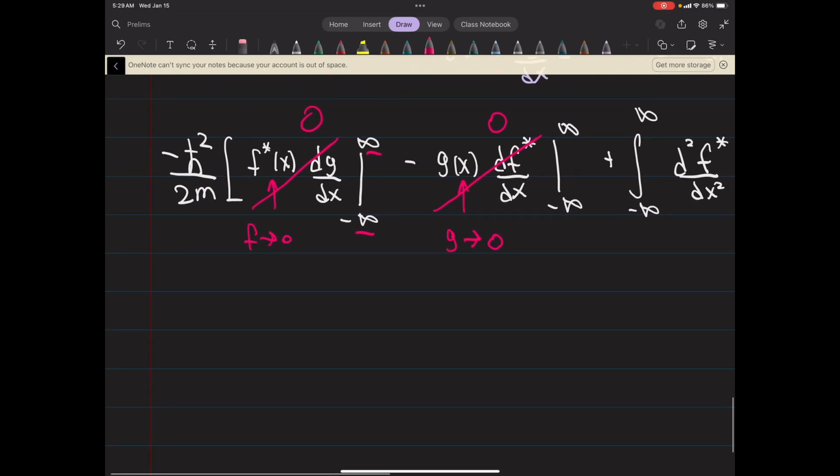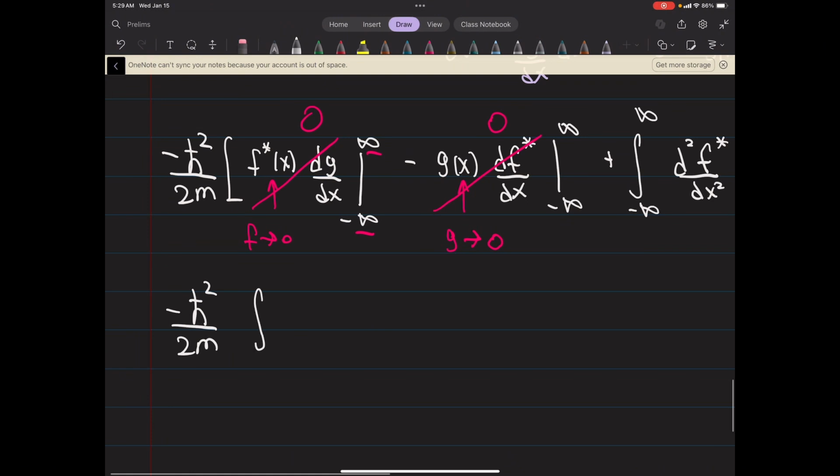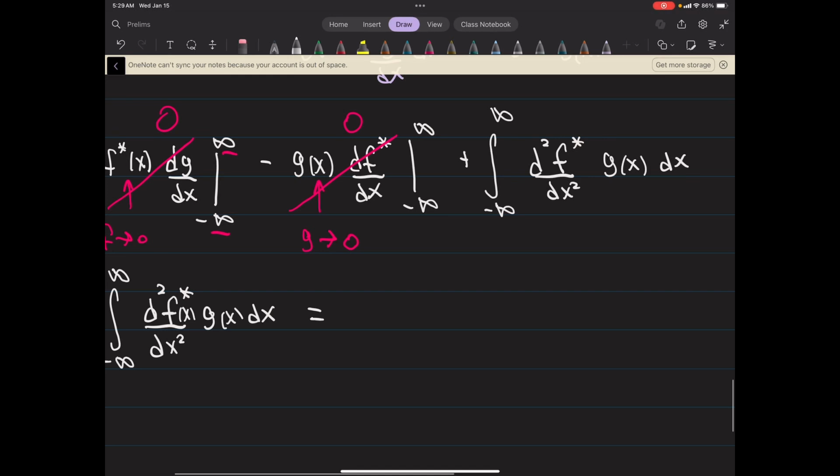So then you just have minus h bar squared over 2m, this integral, which is just this inner product.